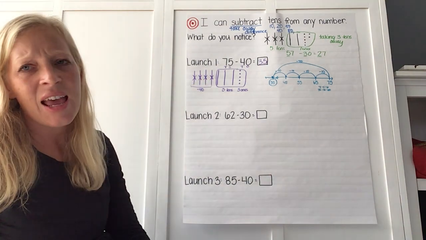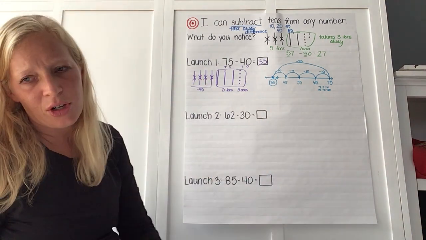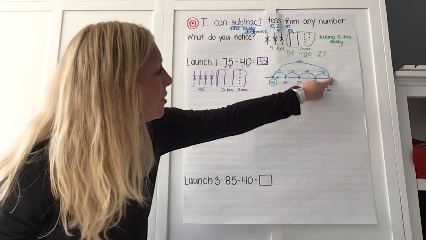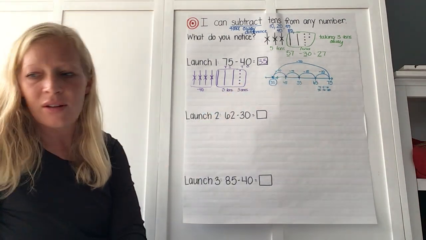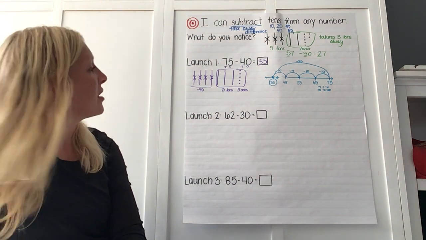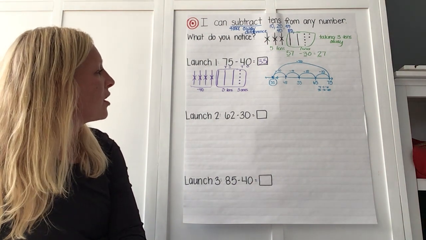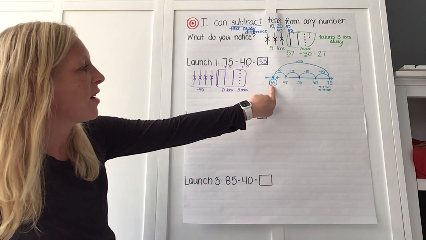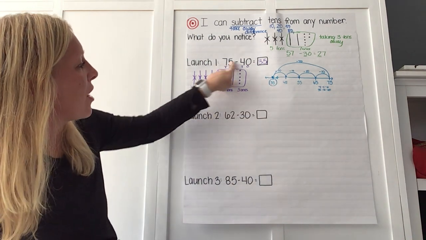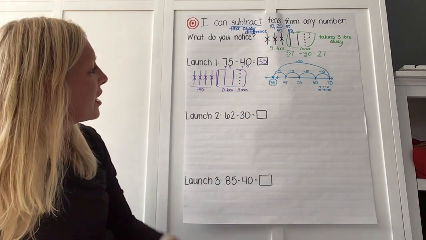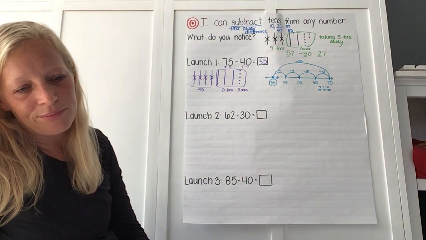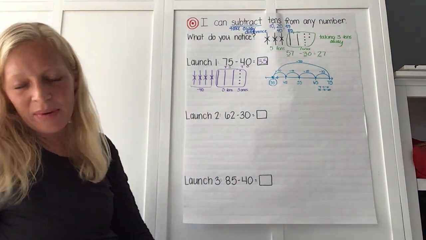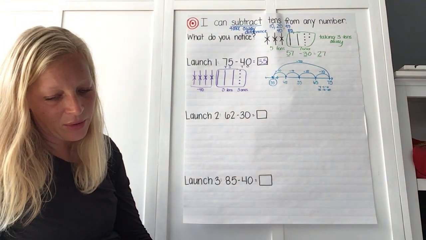Where are the tens that my blue model took away? 1 ten, 2 tens, 3 tens, 4 tens. They both ended or landed and had 35 left. So we landed on 35 here, and we had 35 left right here. How are they different? One's a base 10 model and one is using a number line.